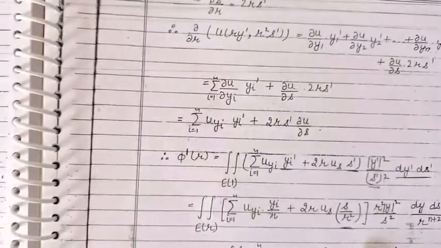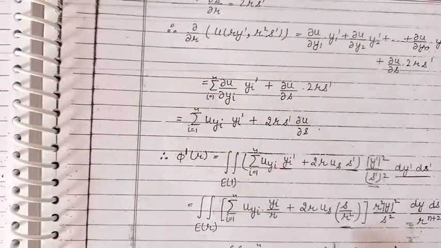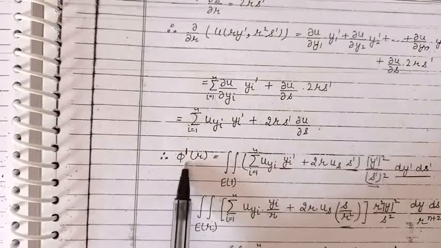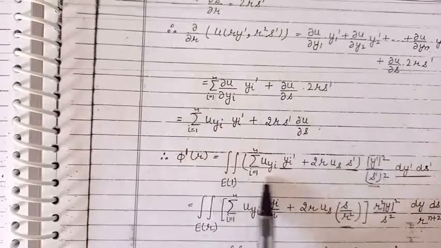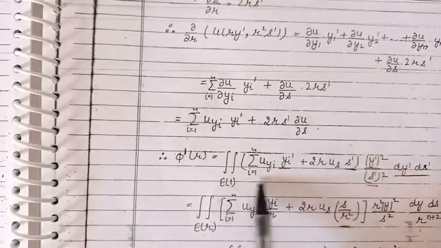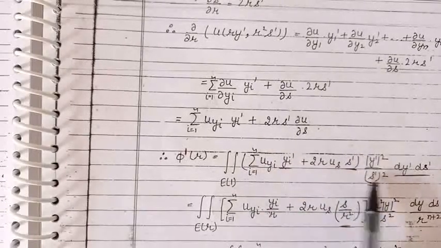So we have obtained the value of the partial derivative of the function u with respect to r. Now we can substitute this value in phi dash r, and the remaining terms we keep as they are.